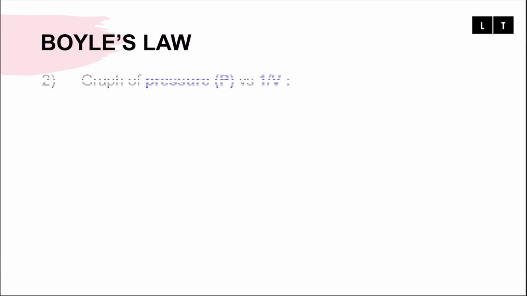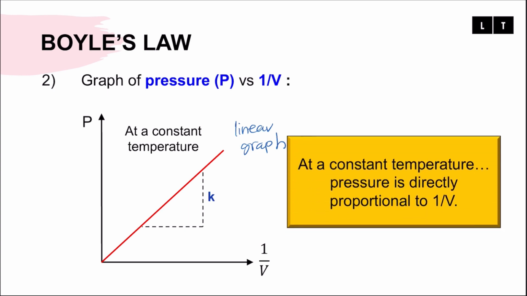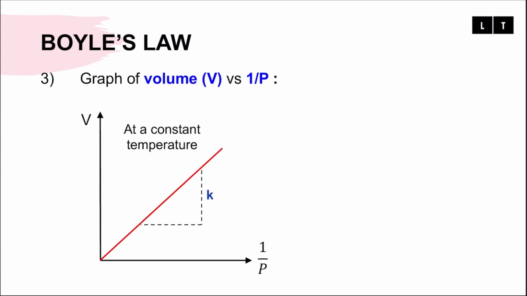Next one, we got graph of pressure versus 1 over volume. So ini adalah untuk linear graph. So you can see that this is linear graph di mana at constant temperature, pressure is directly proportional to 1 over V. Next one, we have the third graph di mana graph of volume versus 1 over P. So y-axis sekarang adalah volume dan x-axis adalah 1 over P. So you got the same case juga, masih lagi sama, linear graph at constant temperature.